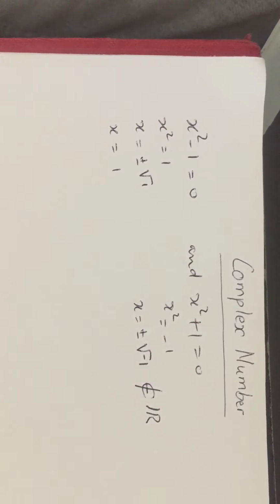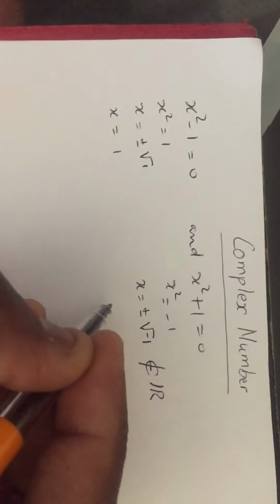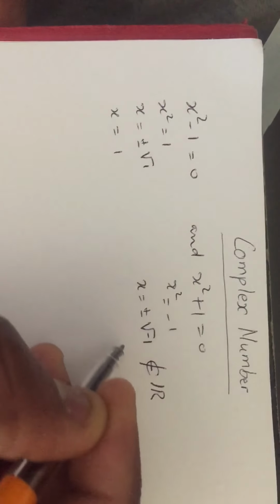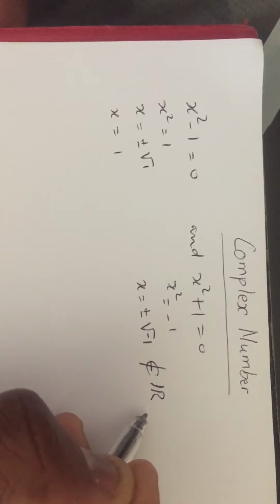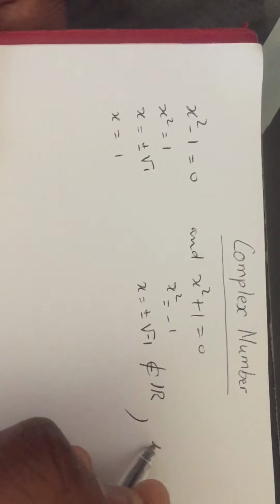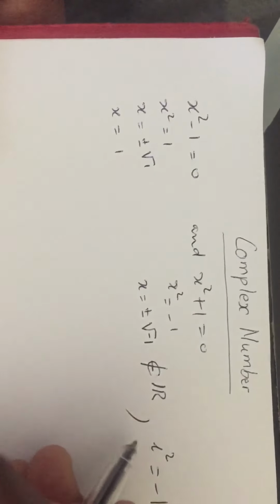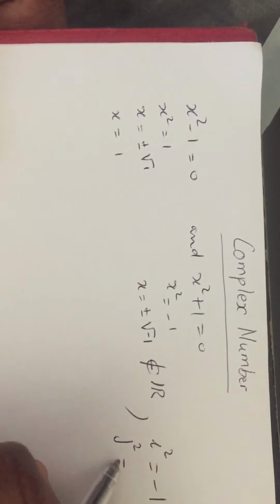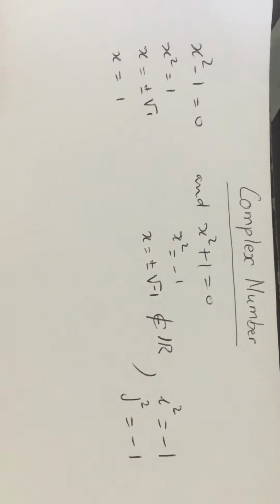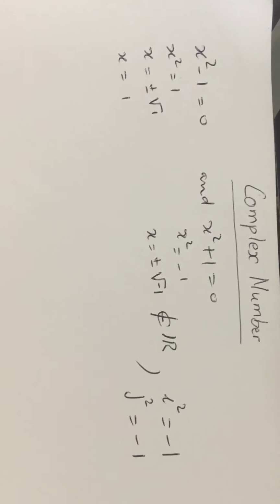So they came up with an assumption saying i squared equal to minus 1. Some call it j squared equal to minus 1. This was the assumption, okay?